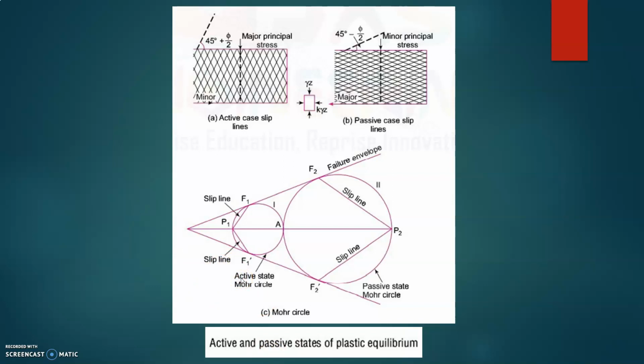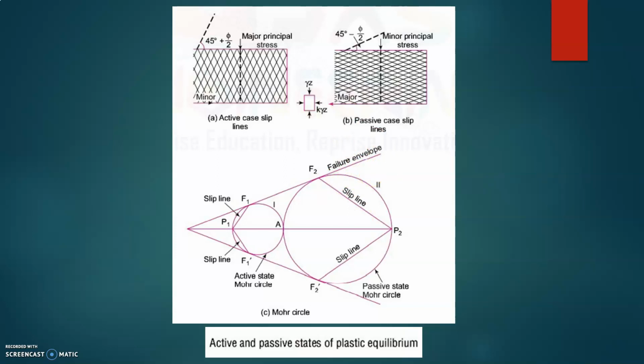Similarly, for the passive state, the minor principal stress is in the vertical direction, while the major principal stress is horizontal.